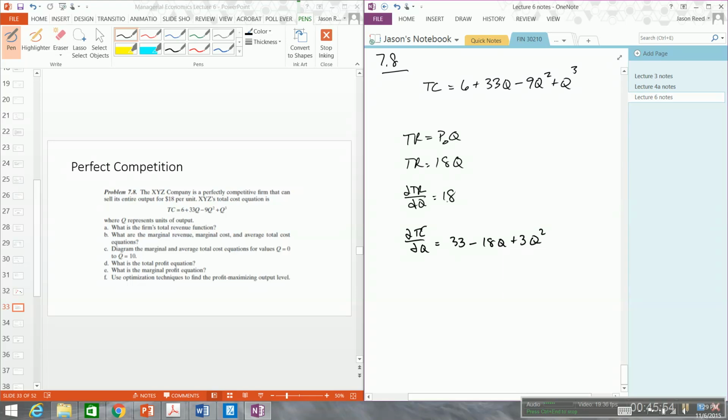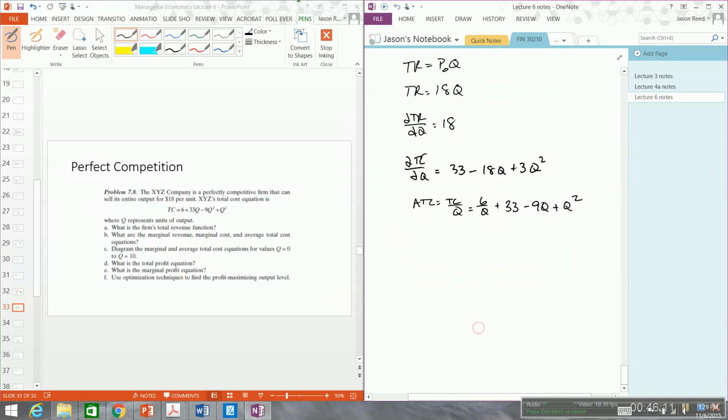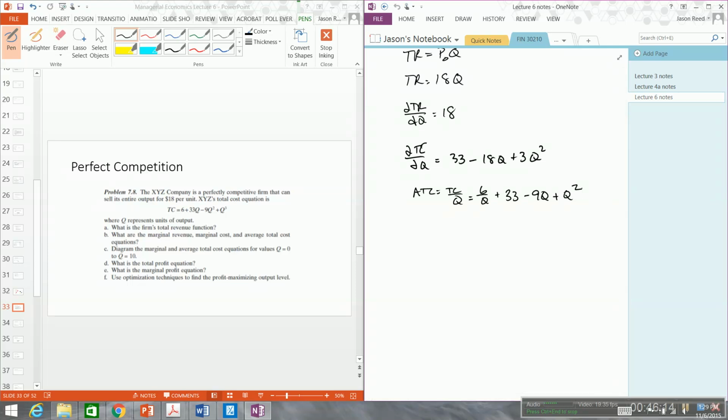And then the average total cost equation. Average total cost is equal to total cost divided by Q, which is 6 over Q plus 33 minus 9Q plus Q squared. Okay, so we're not going to diagram this, but our total profit equation then becomes 18Q minus our total cost function, which is 6 plus 33Q minus 9Q squared plus Q cubed.